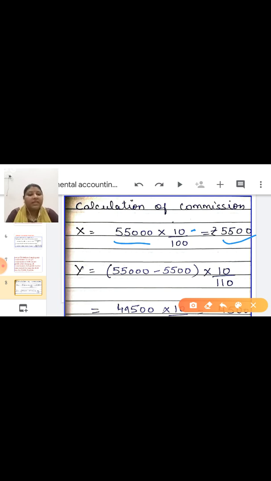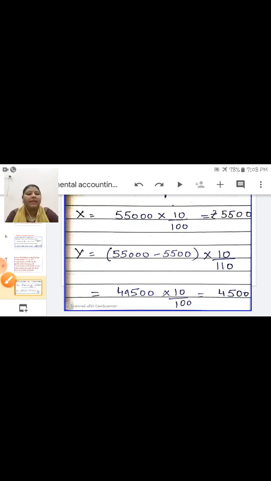But Y's commission is given after charging. So after charging all commission means you have to subtract X's commission also from the net profit of 55,000. So 55,000 minus 5500, the balance amount is 49500. Now 49500 you have to multiply with 10 upon 110. Sorry, it is written wrong here.